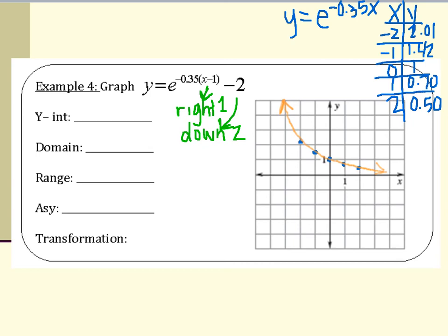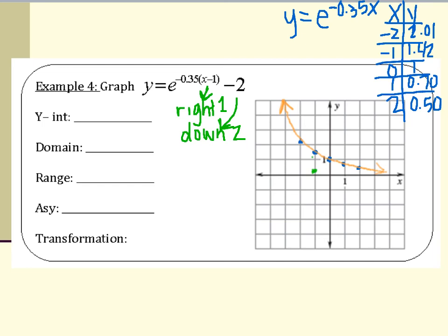Now let's move all these points right 1 and down 2. So if I start right here and go right 1 and down 1, I'd end up right here. I'm sorry, right 1 and down 2 would actually put me right here.